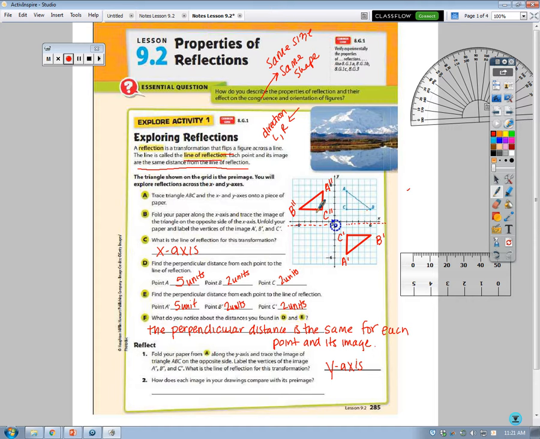So we could say triangle A prime, B prime, C prime is triangle ABC, flipped (I need 2 P's) flipped or reflected across the x-axis.